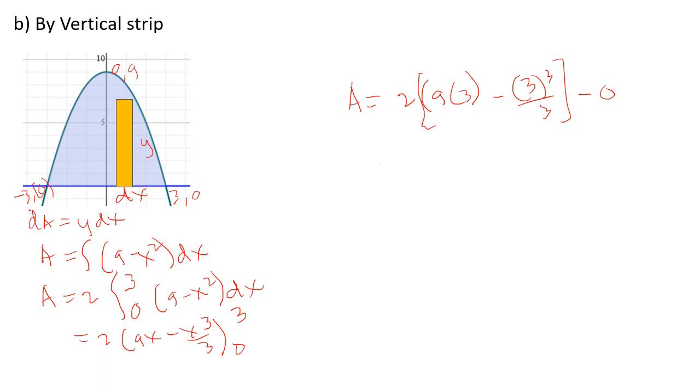So this one equivalent to 2 times 27 minus 3 squared, minus 9. So equivalent to 36.